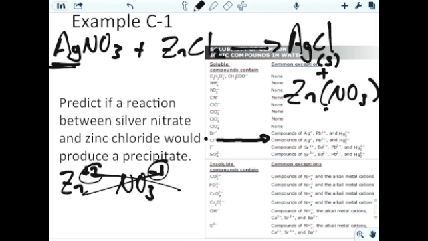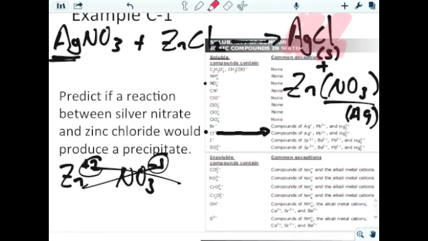What is it bonded to? It's bonded to nitrate. Look at nitrate. There it is. Does it have any exceptions? No. So this is aqueous. So that will stay in solution, and that silver chloride will fall out of solution. That is a solid, so therefore there's a precipitate. Double replacement reaction actually has occurred.